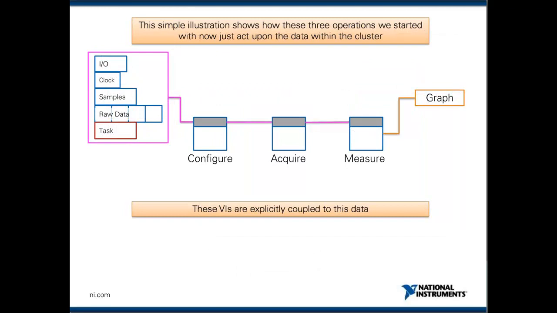So if we flatten out the contents of that state machine we just looked at, we fundamentally have this collection of data, again, our data scope, and the methods that are allowed to act upon that data. So without even realizing it, you've basically created a direct relationship between these VIs and this cluster. So you could say they're explicitly coupled to this cluster of data.